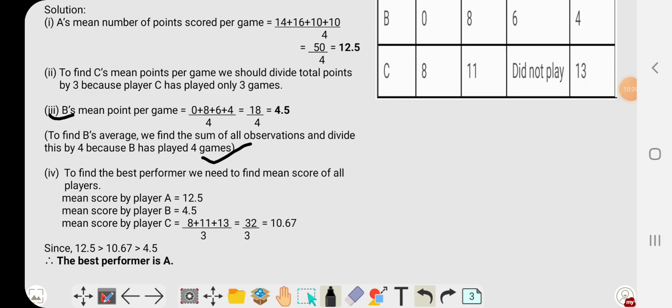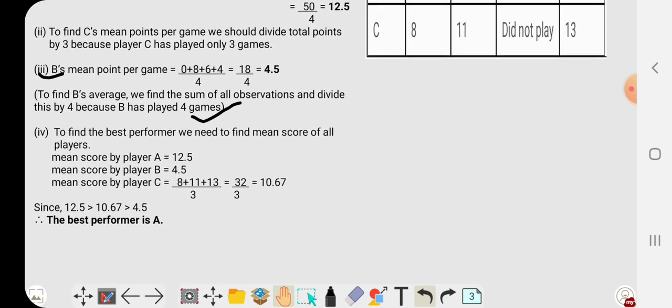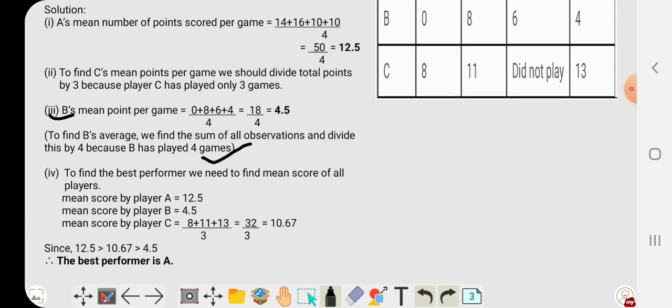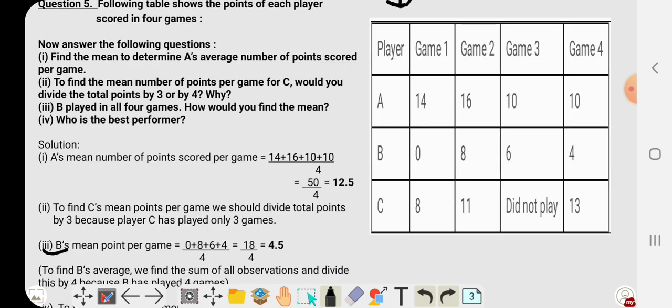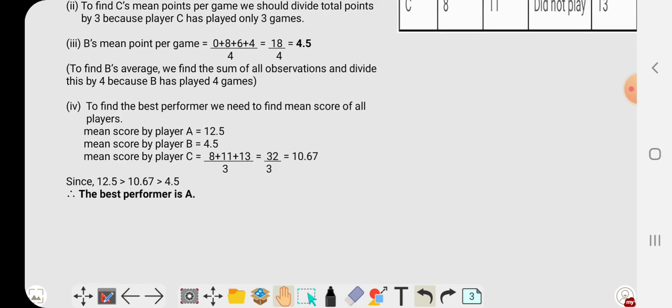Now, the fourth part of this, what was the question? Who is the best performer? How will we get the best performer? To find the best performer, we need to find the mean score of all players. What does mean signify? As we have found for A and B, we will find for C also.